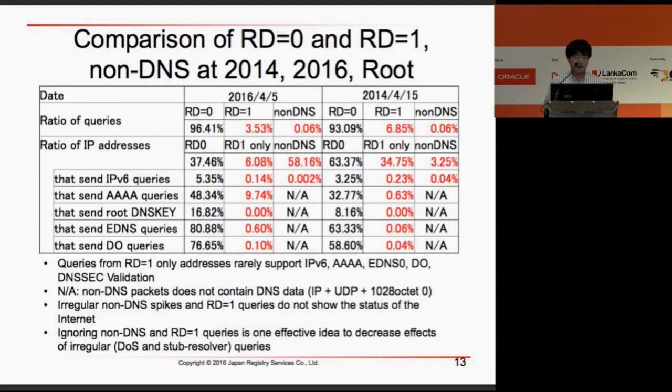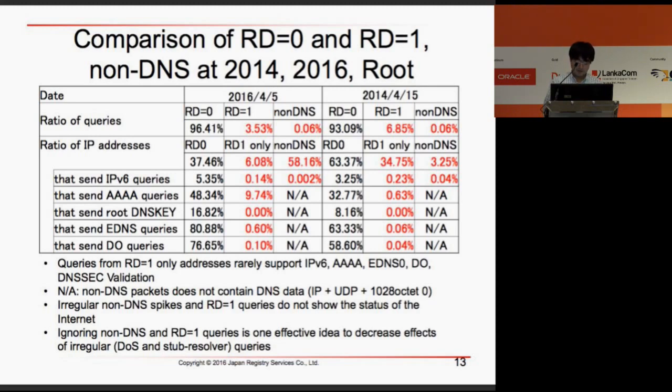And this table shows comparison of RD0 and RD1 non-DNS at 2014-16 root. The table shows that queries from RD set only addresses rarely support IP version 6, Quad A, EDNS0, DO, DNSSEC validation.